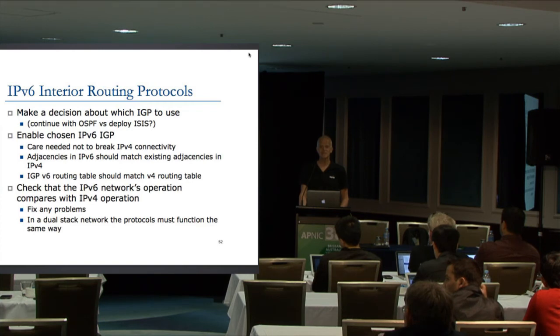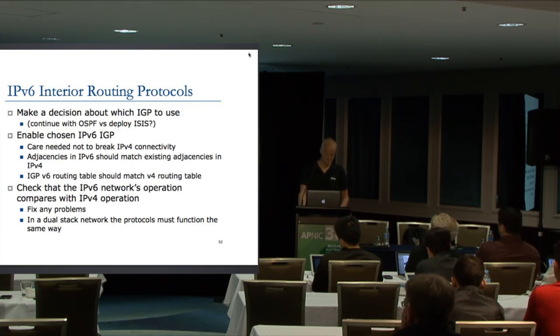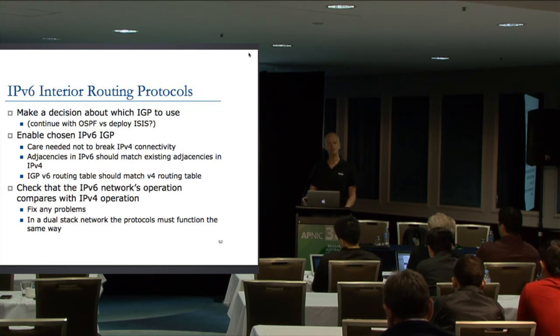They do the same thing. The vendors might be slightly different about each one, but they basically are the same. And then it pops up again. Somebody else did a presentation. I've done a presentation in various fora as well, saying, look, there's really no difference, but we'll leave it at that. Enable your chosen IPv6 IGP. Don't break V4.